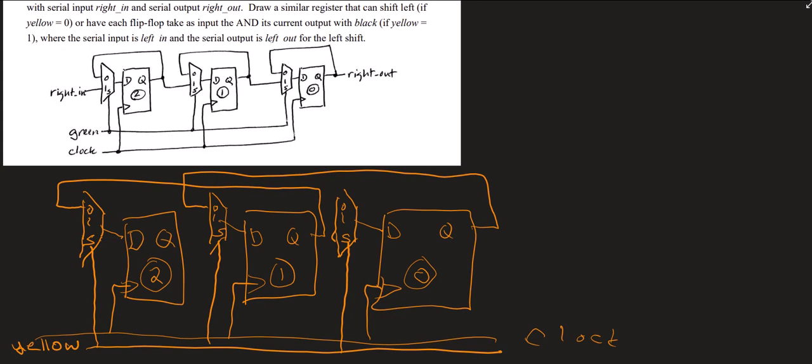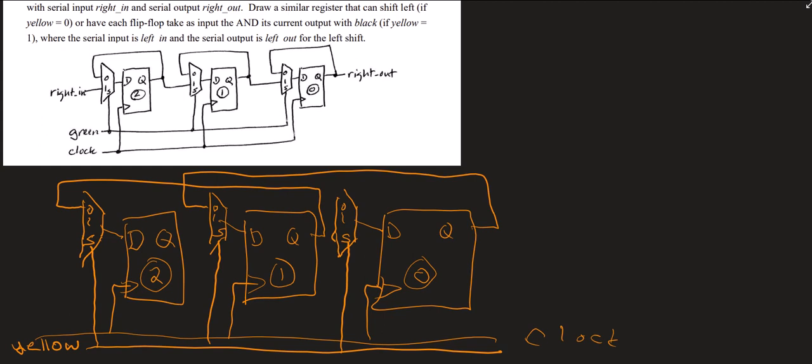And we don't have anything going to flip-flop 0. That's where we're going to look and see what it has. Our instructions say the serial input is left in and the serial output is left out for the left shift.